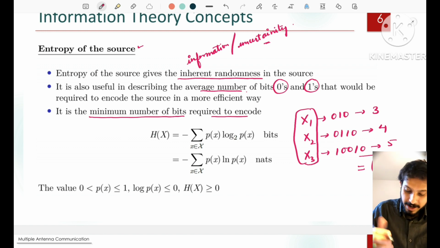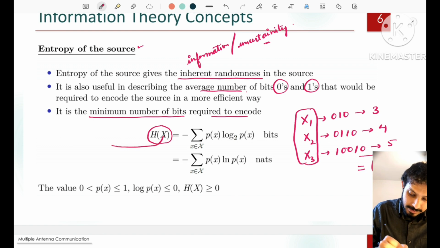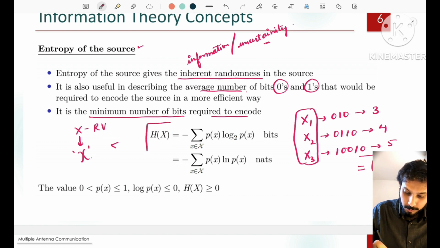Entropy is represented by H of X, where X is a random variable which takes on values from the set mathcal X, and is given by this formula.